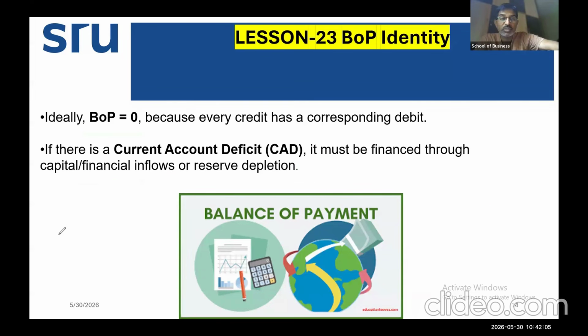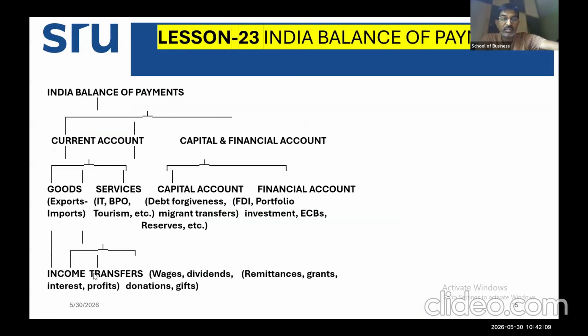Now I want to show a simple diagram. Indian balance of payments we divide into current account and capital account. The current account has goods and services, and the capital account deals with the capital account and the financial account.